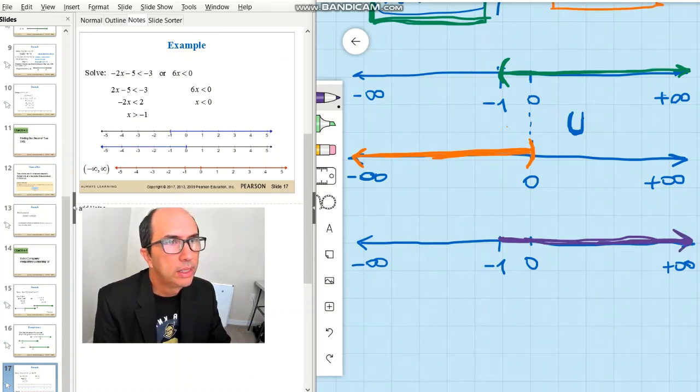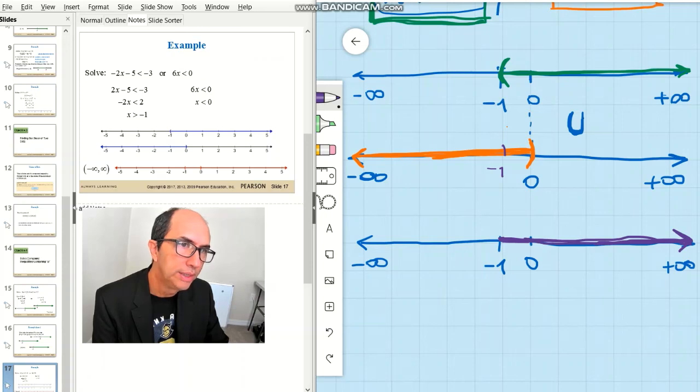And what about the numbers that are less than negative 1? Negative 1 is here. Actually, they are not part of the first set, but they are part of the second set. So yes, they are part of the union as well.